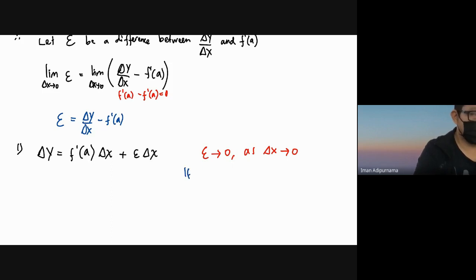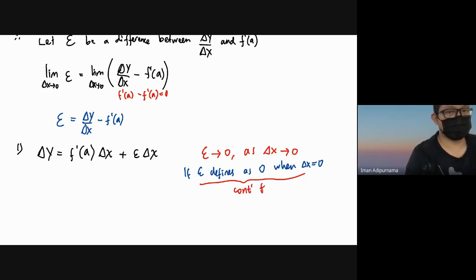And if the epsilon is defined as 0 when delta x is 0, then we can say that these are continuous functions.